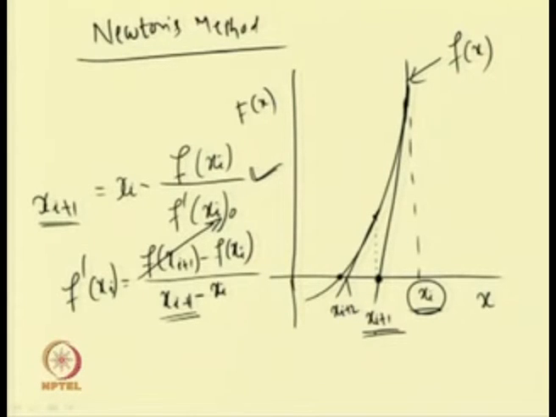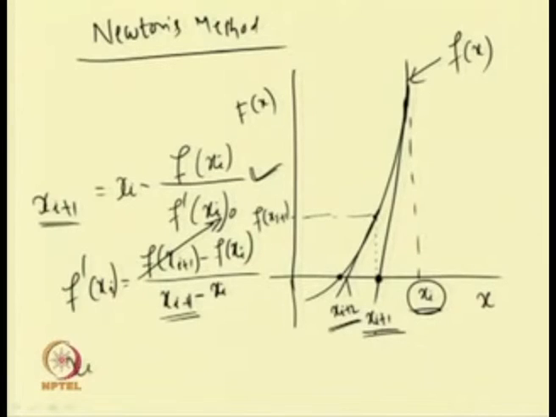Now, at this x_(i+1) again let us take this point, that is f. So, this is our f(x_(i+1)). Now at this point let us again draw one more tangent. This is intersecting this x axis at x_(i+2). This x_(i+2) one can obtain by substituting i equal to i plus 1.